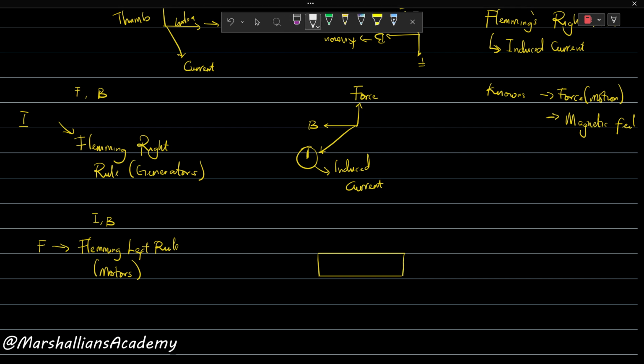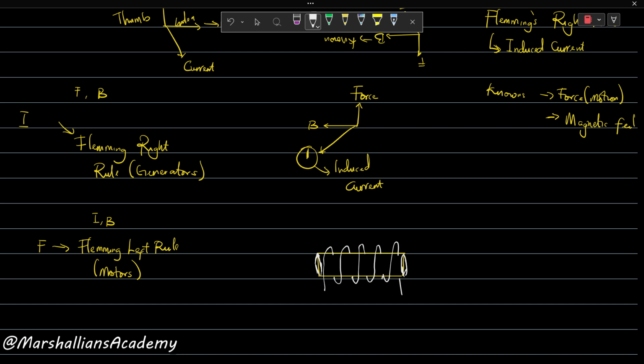Let's say that's a cylinder, and I have a coil coming like this. This coil can function as an electromagnet.